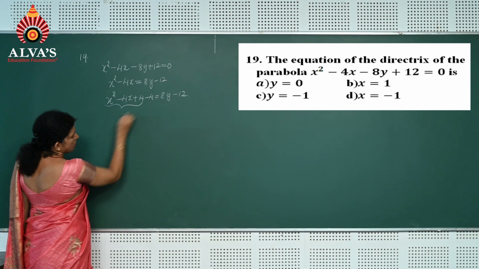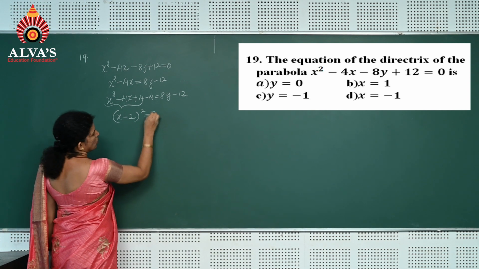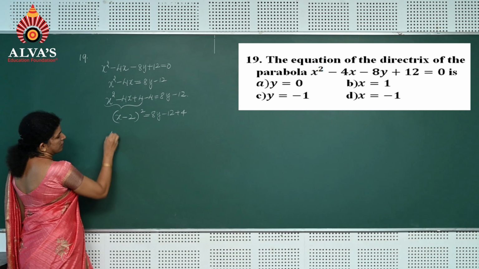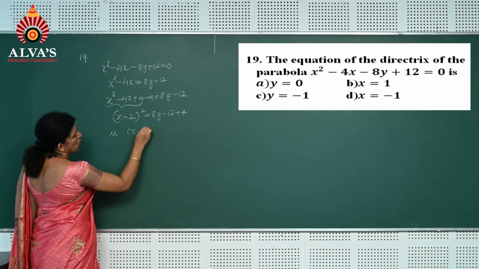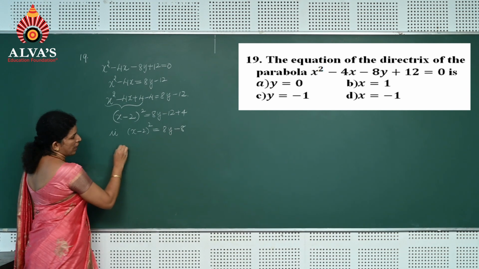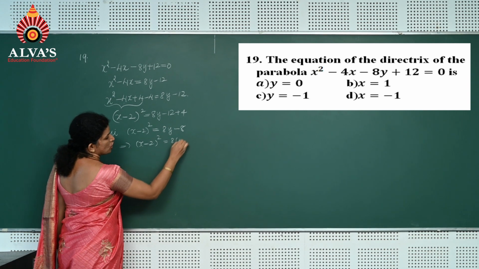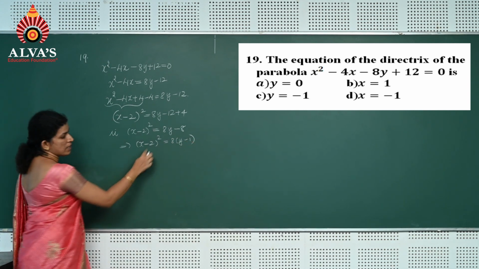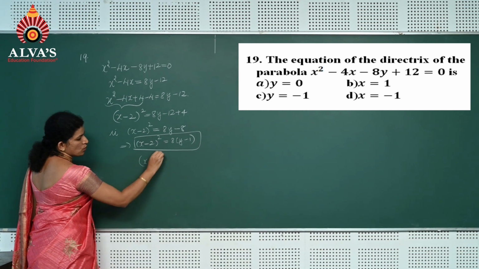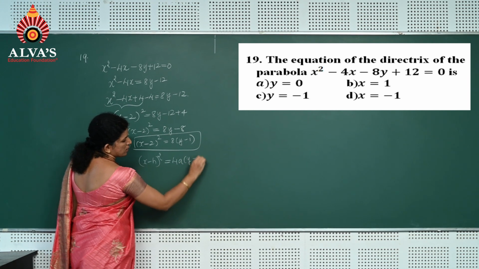Come to these three terms, it is nothing but (x minus 2) whole square, that is equal to 8y minus 12 plus 4, that is (x minus 2) whole square equal to 8y minus 8, that is (x minus 2) whole square equal to 8 into (y minus 1). Means this equation is of the form (x minus h) whole square equal to 4a into (y minus k).